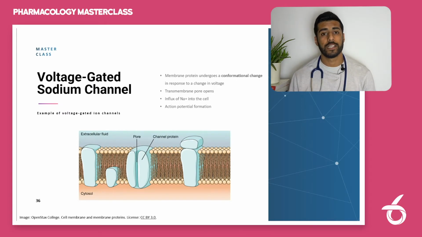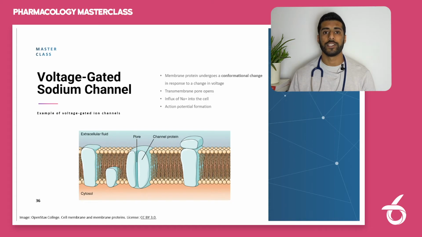In terms of a specific example, I've already alluded to this, but we have voltage-gated sodium channels, which are really important for depolarization in terms of action potentials. You have these sodium channels on the membrane of our nerves. Essentially we're going to get some sort of conformational change, a structural change, in response to a change in voltage.